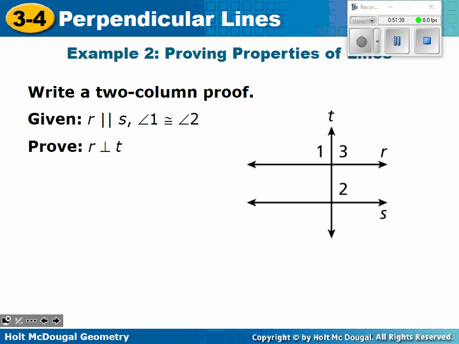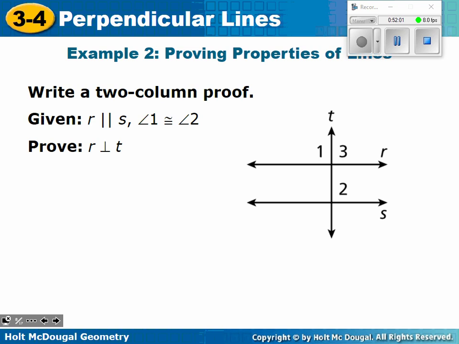No, look at the picture. How did you know 1 and 3 were a linear pair? They formed a line. What tells us that if 2 angles form a straight line, they're a linear pair? The linear pair theorem actually says if they're a linear pair, then the angles are supplementary. But the definition of linear pair says if 2 angles form a straight line, then they're a linear pair.